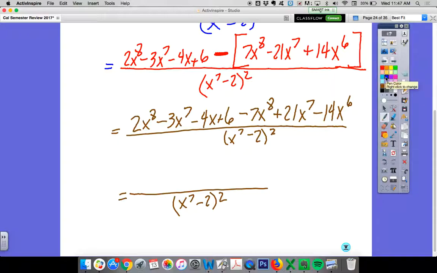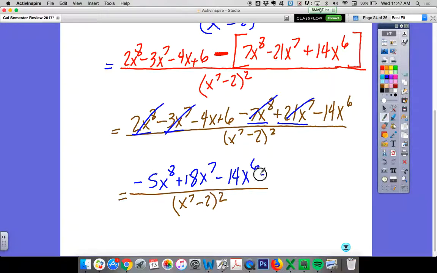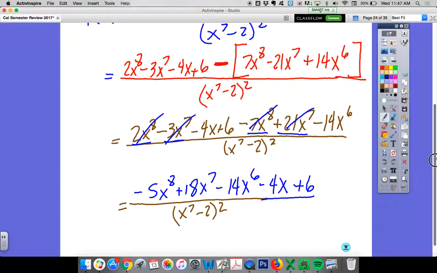Let's see here. I have two of them with 8th power. So a negative 5x to the 8th. And then those two give me 18x to the 7th. I only have one to the 6th. One of them to the 1st. And then a little 6. Ooh, Lord, I hope that matches somebody.